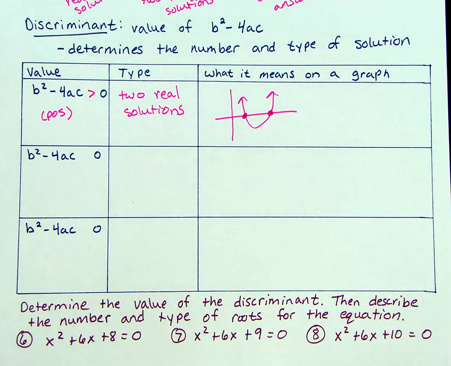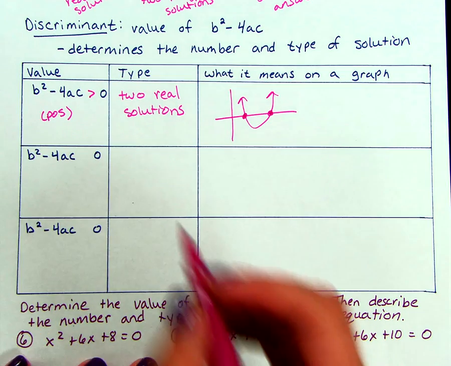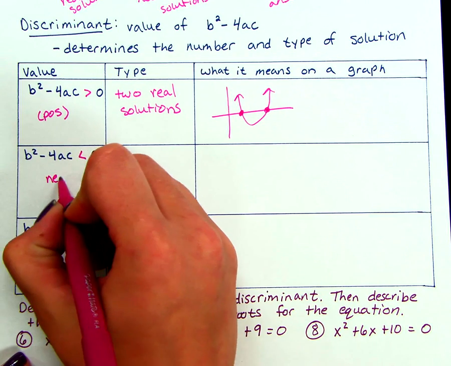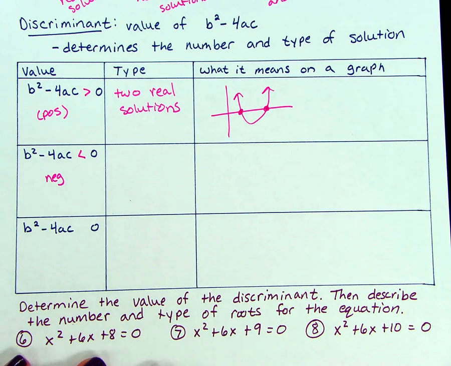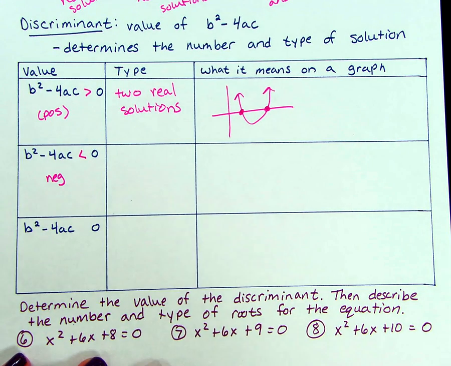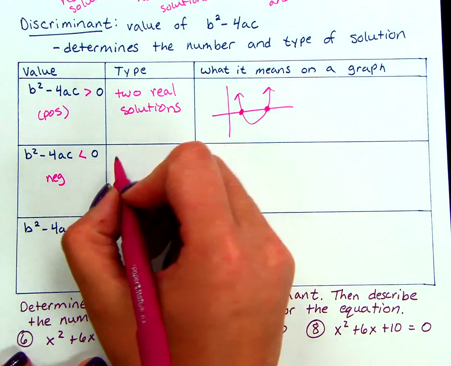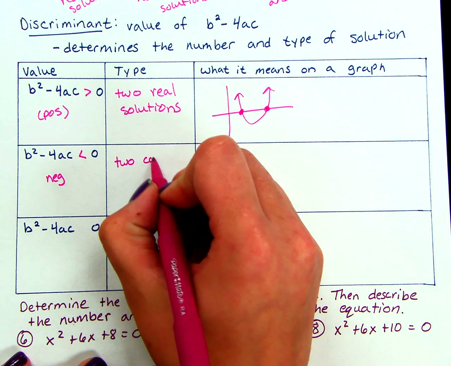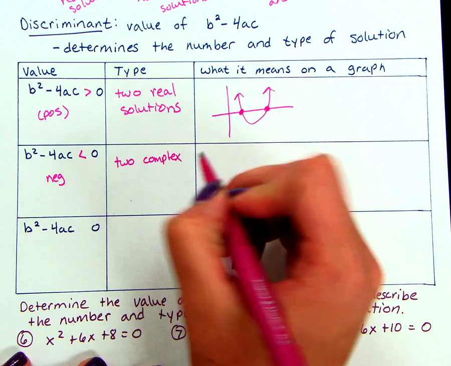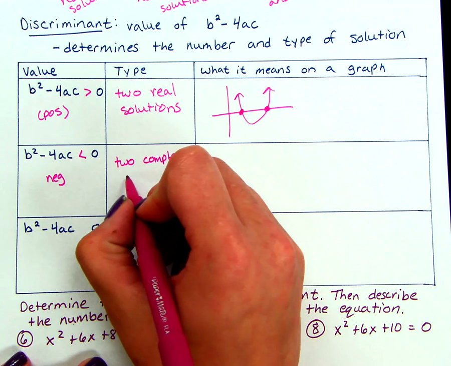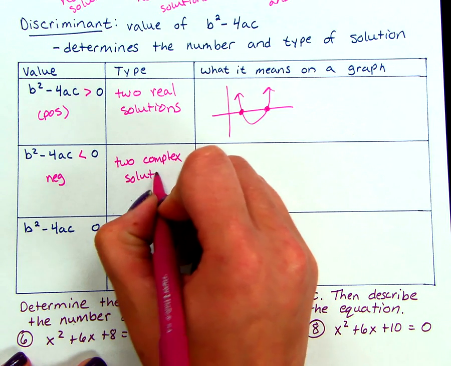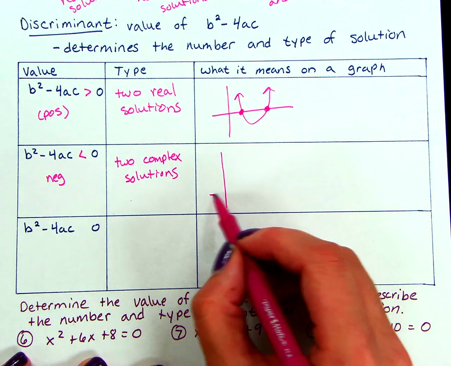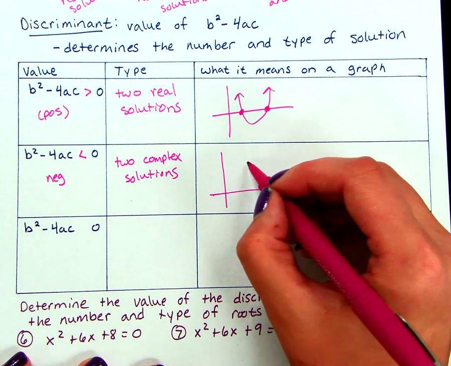Now, if our discriminant is less than 0, so we have a negative underneath our radical, well, anytime we have a negative inside the radical, we always get an imaginary number. So that means that we're going to have 2 complex or imaginary solutions. So again, in terms of our graph, since they're imaginary, that means that it can't be crossing the x-axis.